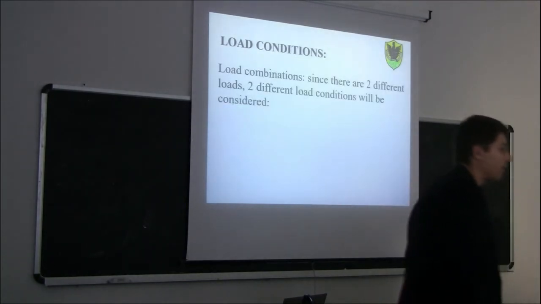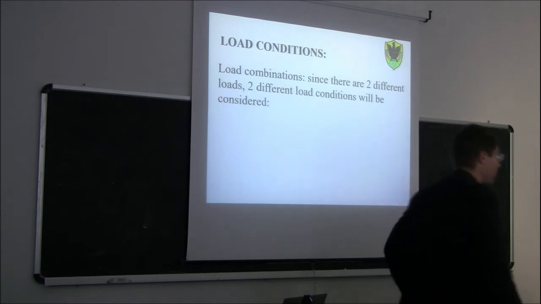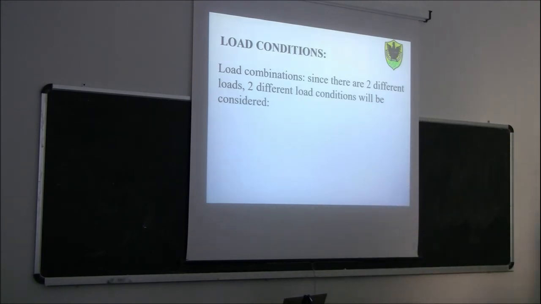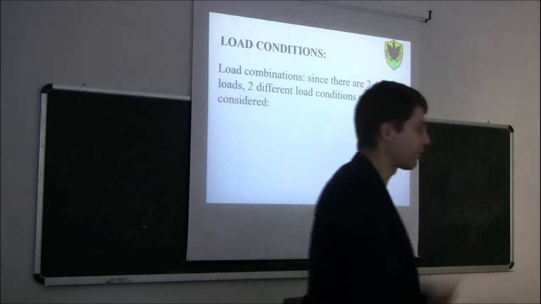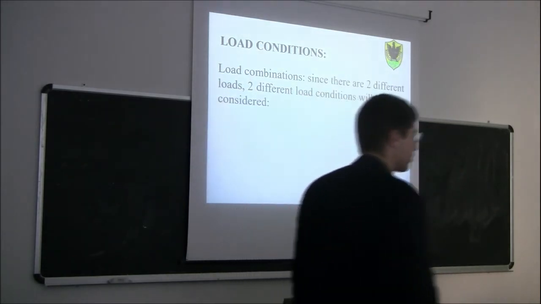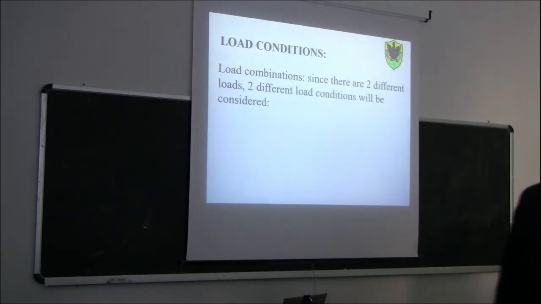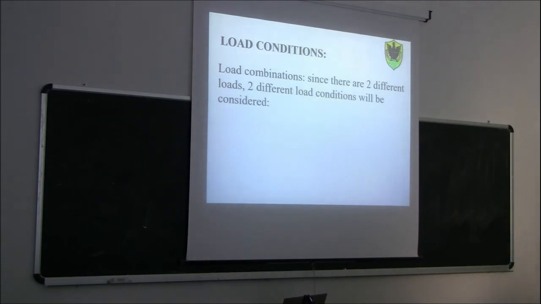Now, we need to do the load conditions. So we said before we have two permanent loads, self-weight GK1 and GK2, and we have one variable load. Now, if we were to design a reinforced concrete roof, how many load conditions would we have to consider? If this roof was made of reinforced concrete, how many load conditions would you consider? One. Which one is the most critical?